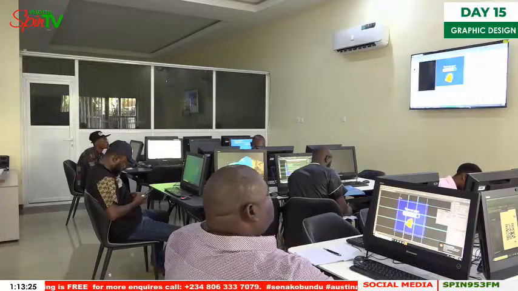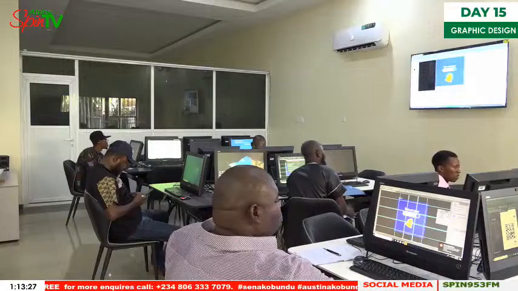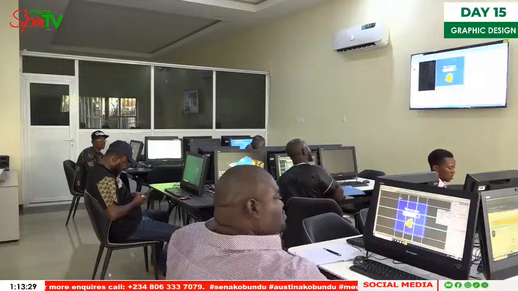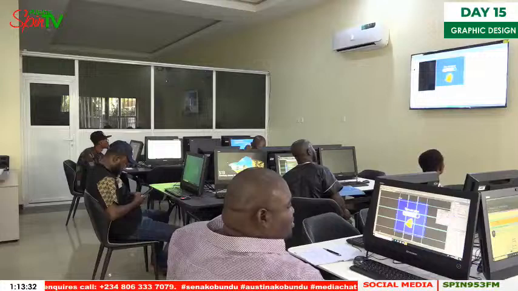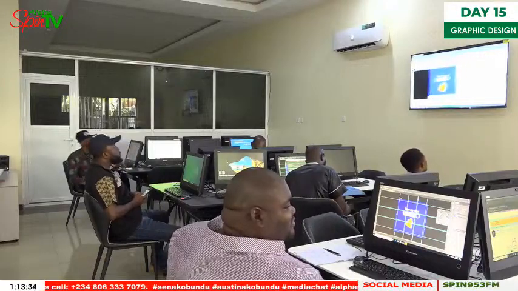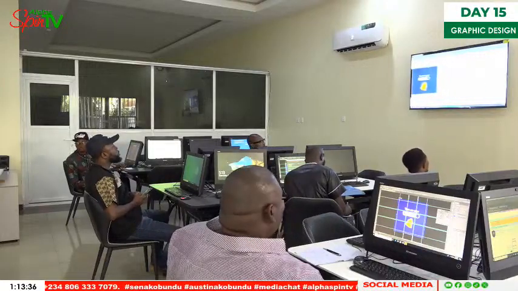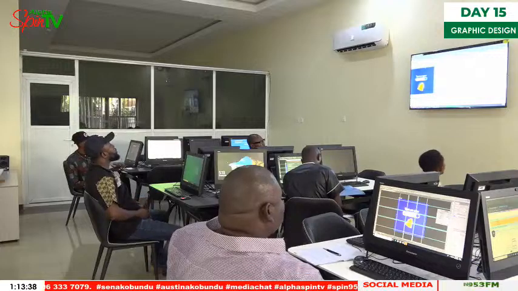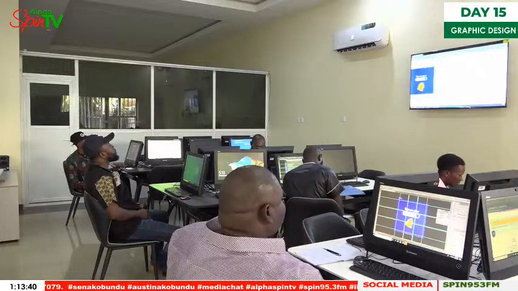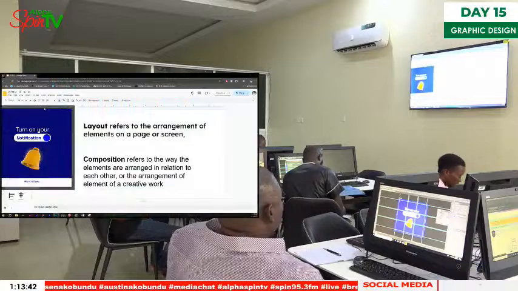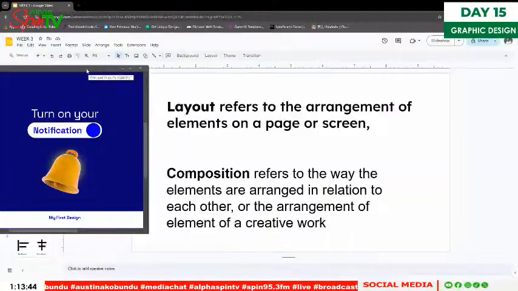We can see that the layout here is in the center. Can we see that everything is being laid out in the center? Are we together?